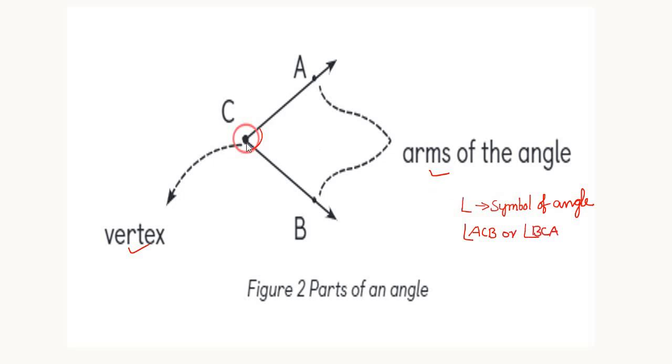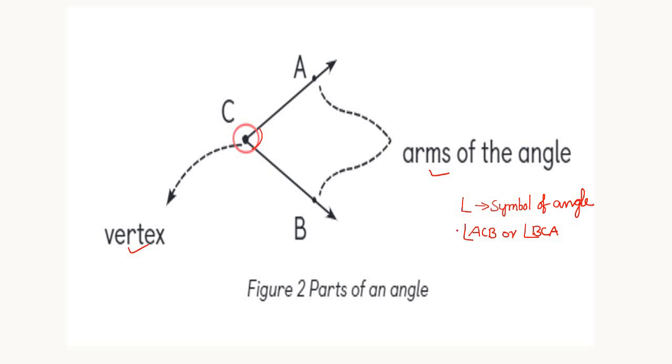Children, why should we write only angle ACB or angle BCA? Why should we not write angle CAB or angle CBA? The vertex should always come in the middle. The vertex should be written in the middle only. Is it clear, children? The vertex is always written in the middle.